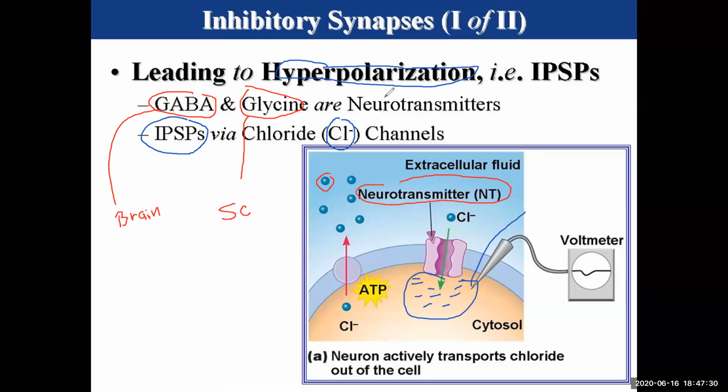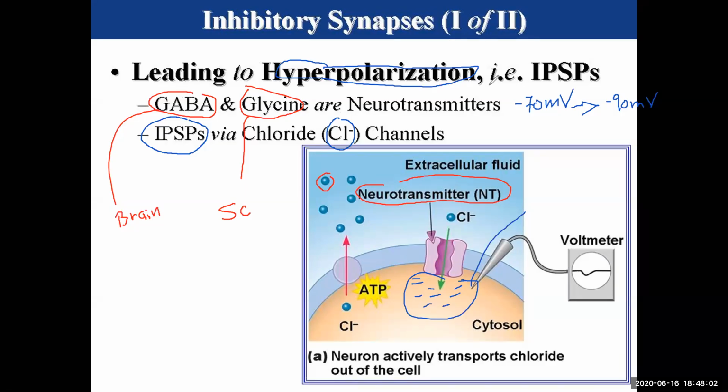You're making the inner leaflet even more negative than when the neuron is at rest. So for example, instead of being negative 70 millivolts, following an IPSP the membrane potential can be minus 90 millivolts, for example, or even more negative, minus 100 millivolts, right?